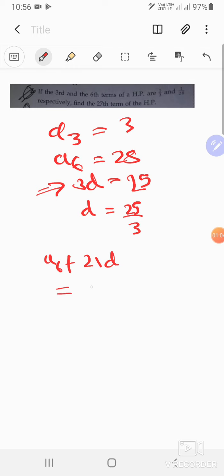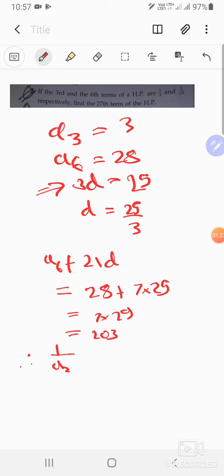That's going to be 28 plus 21 into 25 by 3. So it's going to be 7 into 25, 7 into 4, 7 into 29. So 63 and 140, you get 203. Therefore, the 27th term of the HP, which is 1 upon a27, is going to be 1 upon 203. Okay, easy. Let's go to the next question.